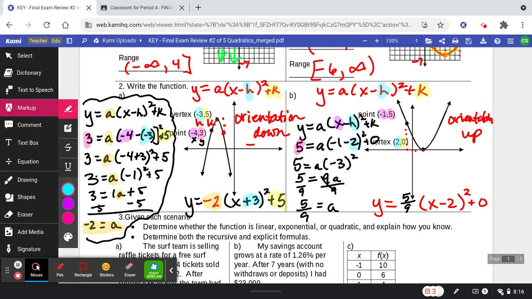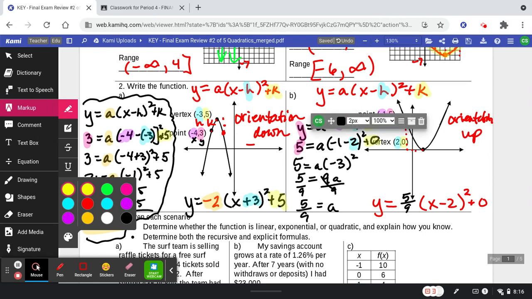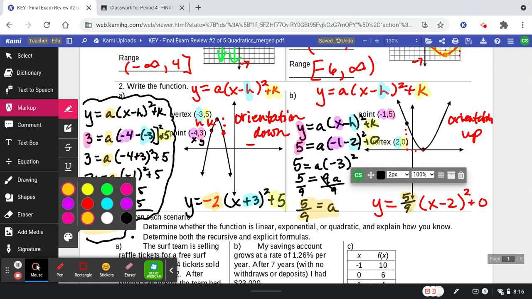Here's our H. Here's our Y. Here's our K. And here's where we got the X. And then let me highlight this in the same color right there. Solving backwards for that A.